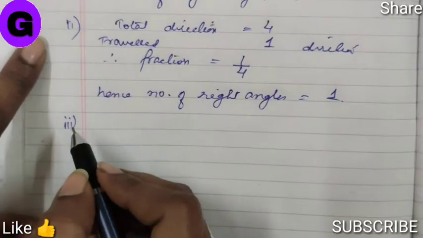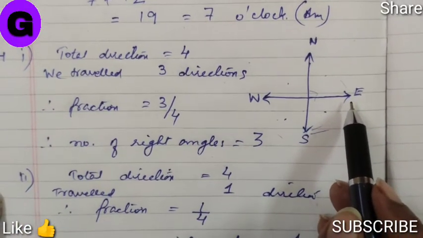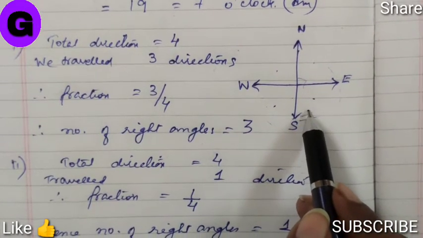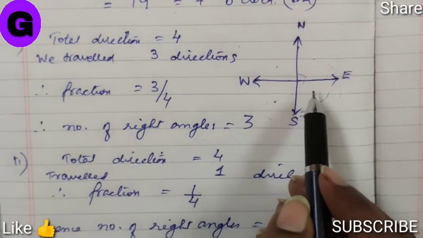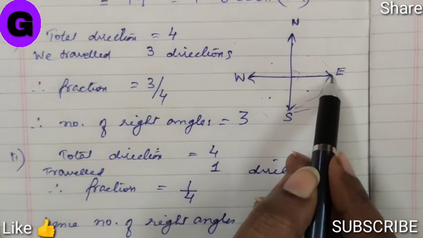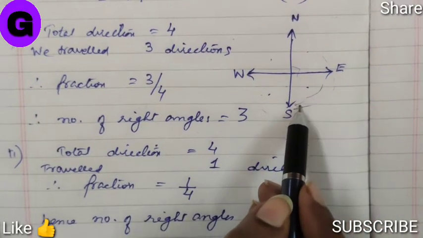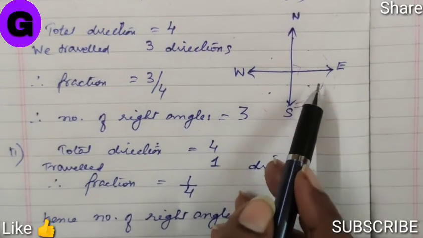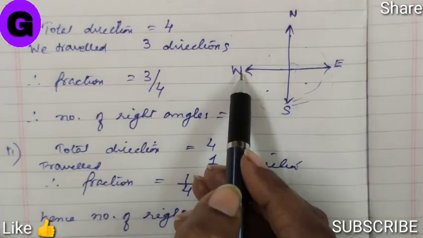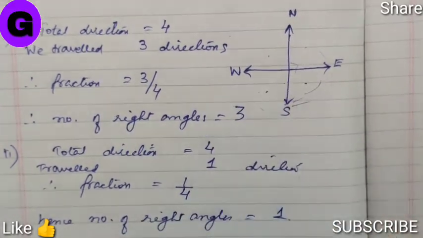Number 3. Now we are facing east and turn clockwise or anti-clockwise to face west. If we move clockwise from east to west, we are traveling two directions, 1, 2. And similarly, if we travel anti-clockwise, in that case also we are moving two directions. So in both the cases, the number of points traveled are 2. So now let us proceed.